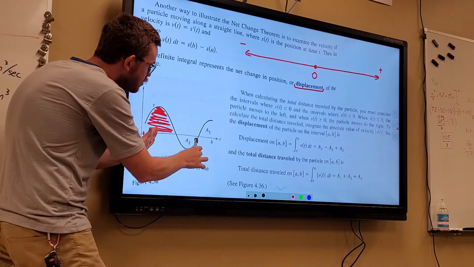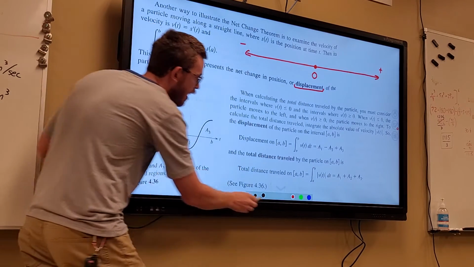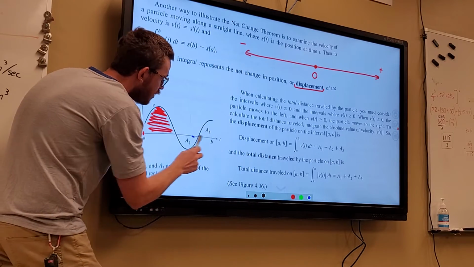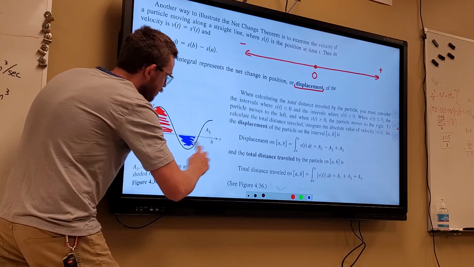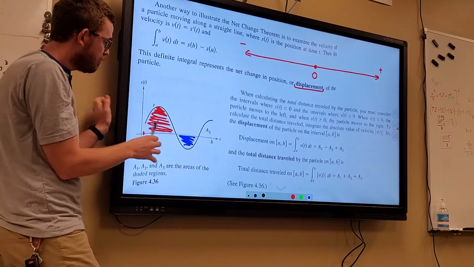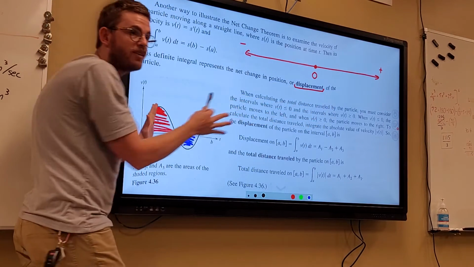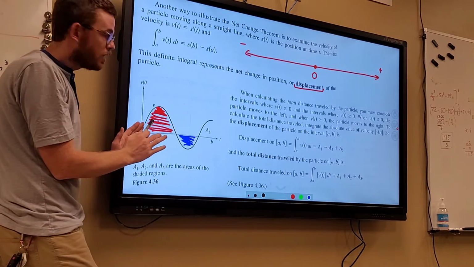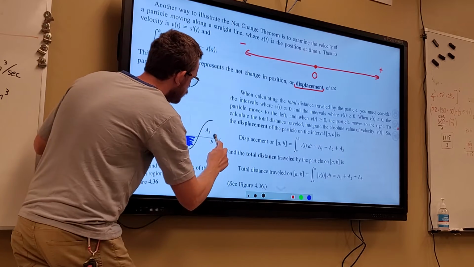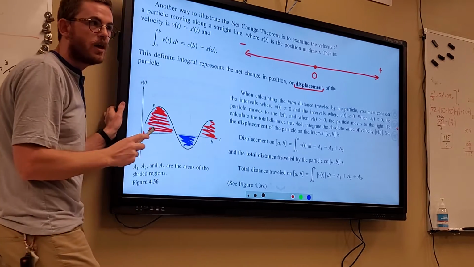And then in this region right here, for all of these outputs, our velocity is negative, so it's moving to the left. It went back a little bit to the left. It's gone more to the right than to the left, so right now it's still to the right of where it started, but then it went to the right some more.